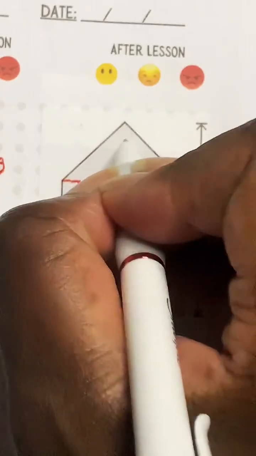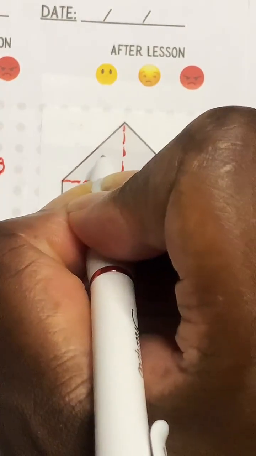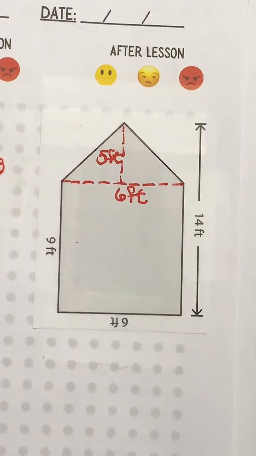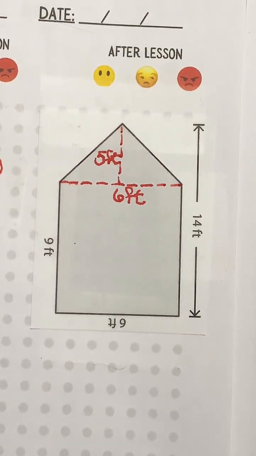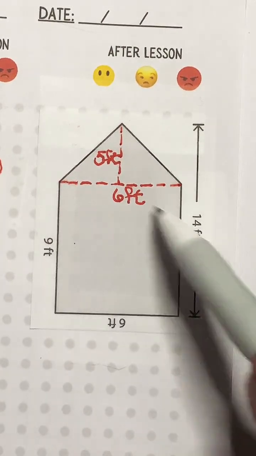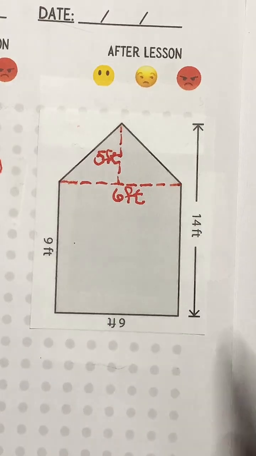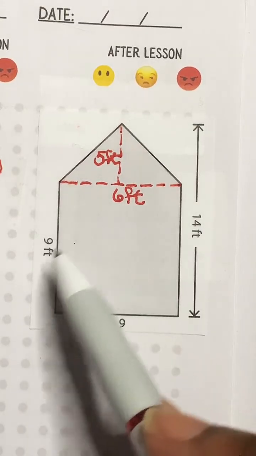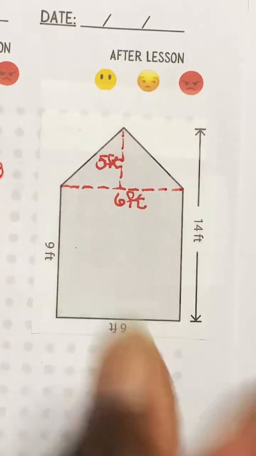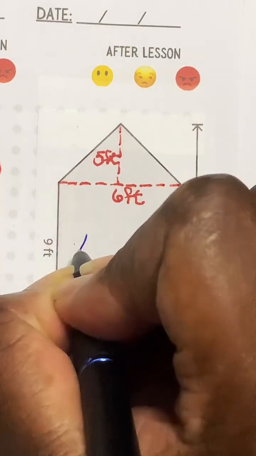So from here to here, this is going to be 5 feet. All right. So we can easily get the area of our rectangle now that we see it. You have your 6 times 9, which gives me what? Let me change pen colors so we can see it a little bit better.